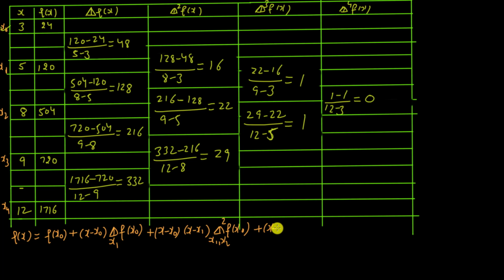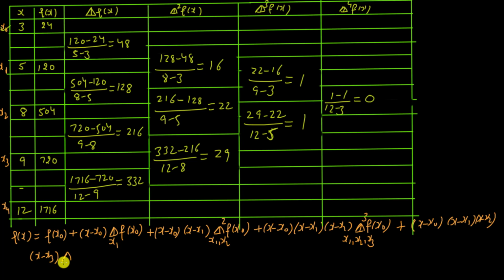So let me see what can be done. x minus x naught, x minus x1, and one more x minus x2, f of x naught, and it will be x1, x2, x3 plus it will be x minus x naught, x minus x1, x minus x2 into x minus x3, divided difference of fourth order, x1, x2, x3, x4.